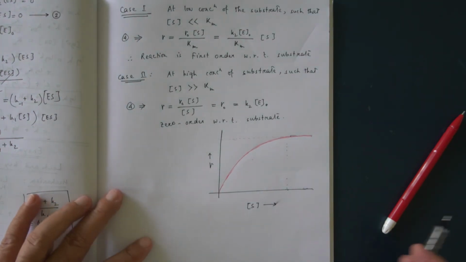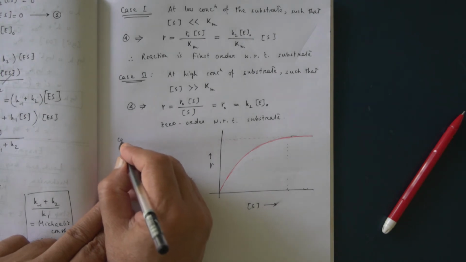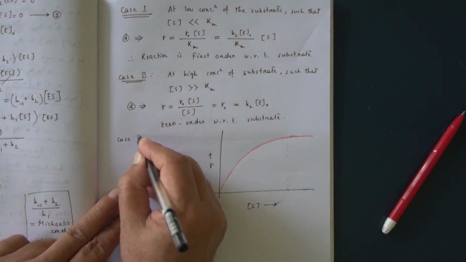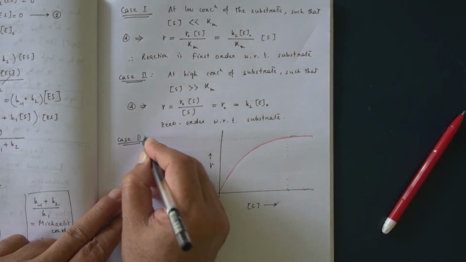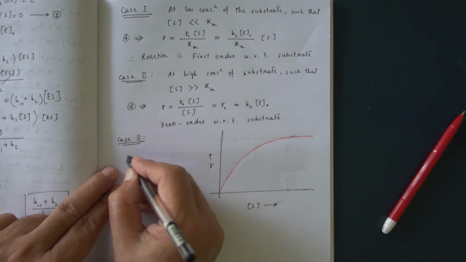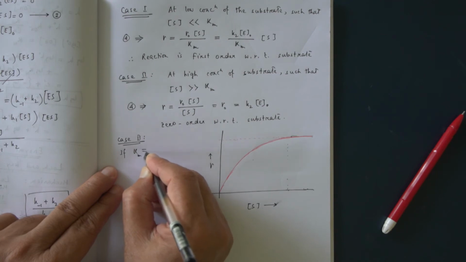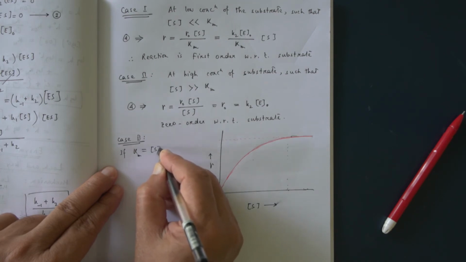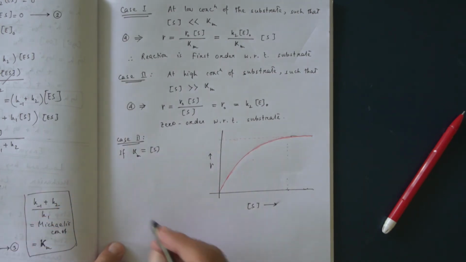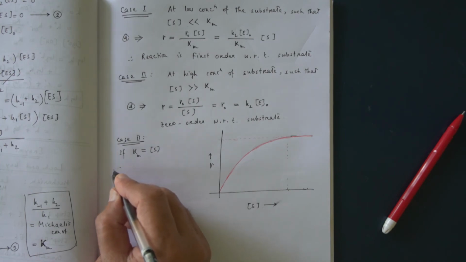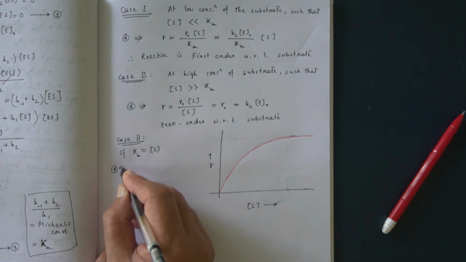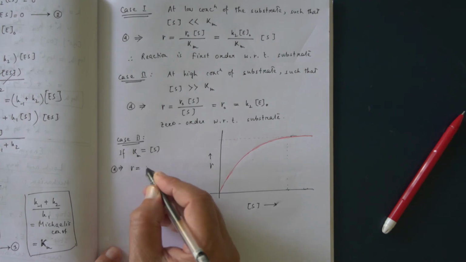Now the third condition is, say, if Km is equal to substrate concentration. In that case, from 4, R will be equal to what?